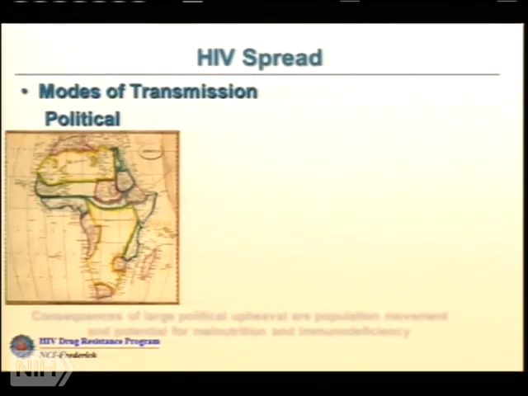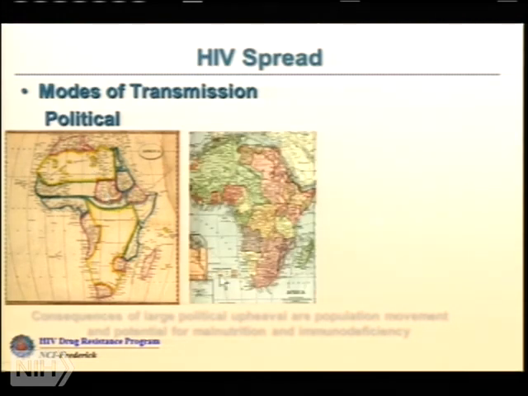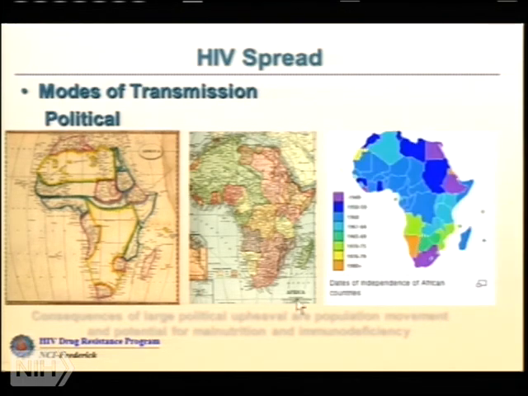So here's a map of Africa, from the early 1800s, and then here around the time of World War I, the early 1900s, and then here in the early 1960s as these countries gained their independence. Even a poor historian like me could see that there's been a lot of change over this time.